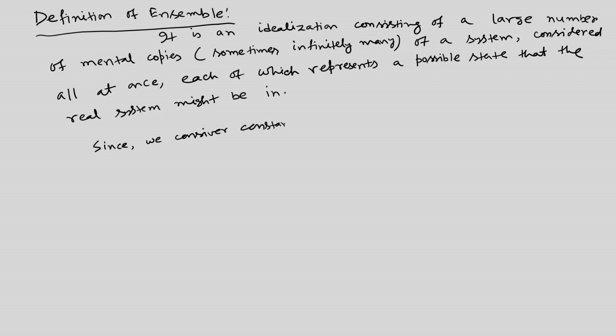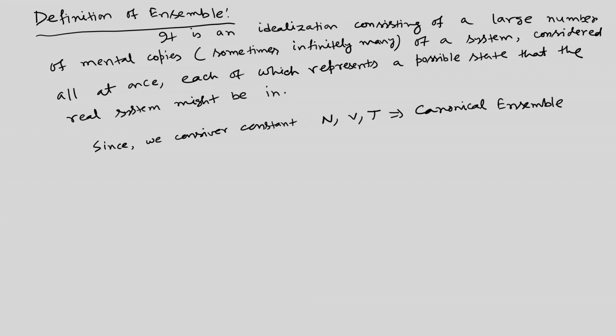Okay. So, since we consider constant N, V, T, we are basically describing the canonical ensemble. So, in the canonical ensemble, the number of particles, volume of the system and temperature are fixed. Okay.